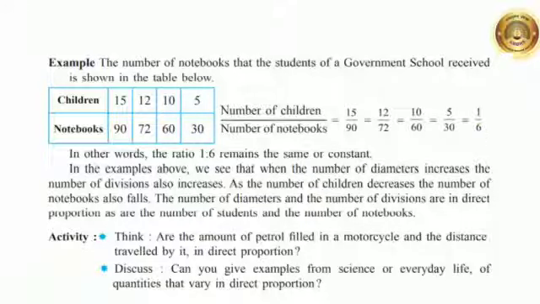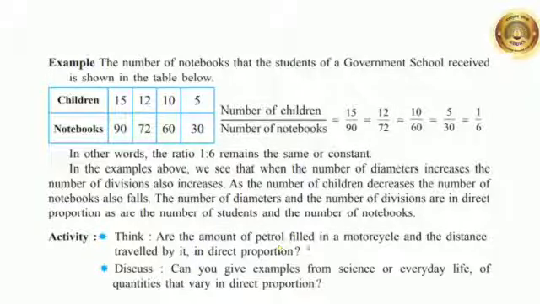So from the above two examples, we see that when the number of diameters increases, the number of divisions also increases. In the second case, as the number of children decreases, the number of notebooks also falls. So here both these cases are examples of direct proportion. Let's take another example.